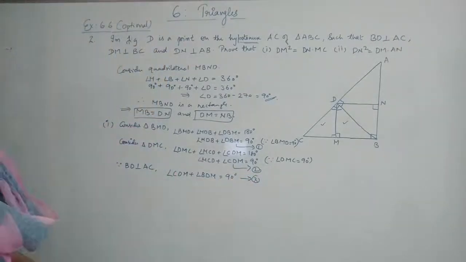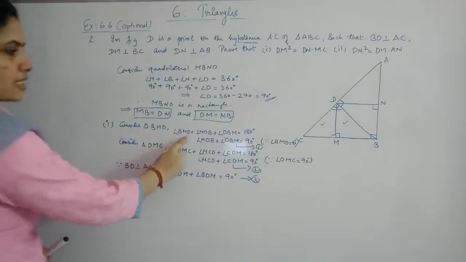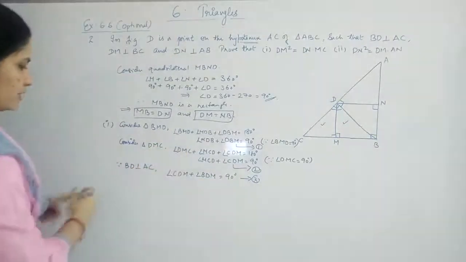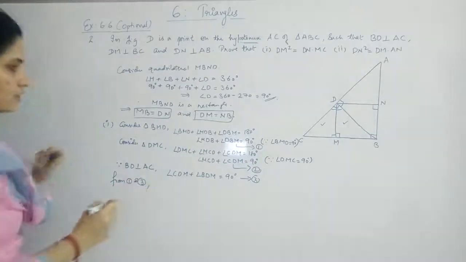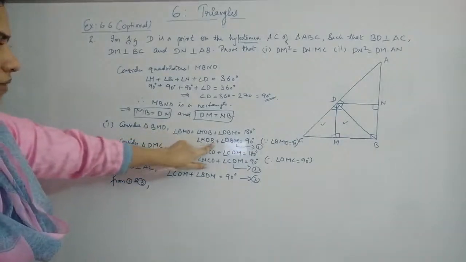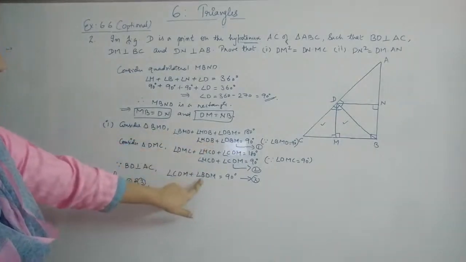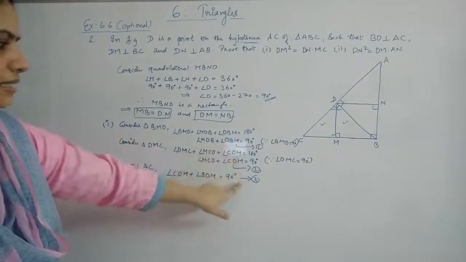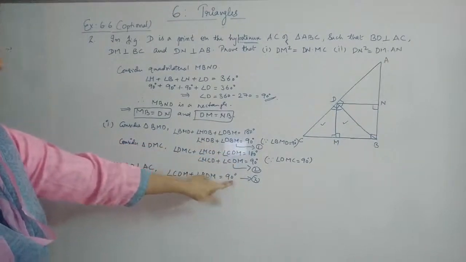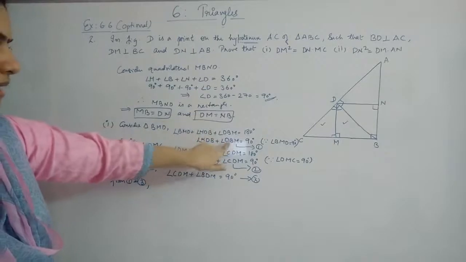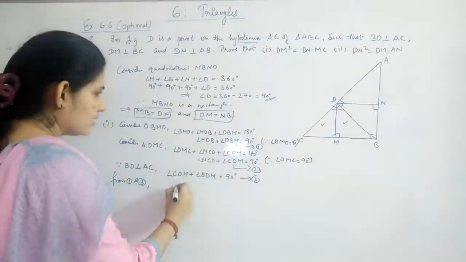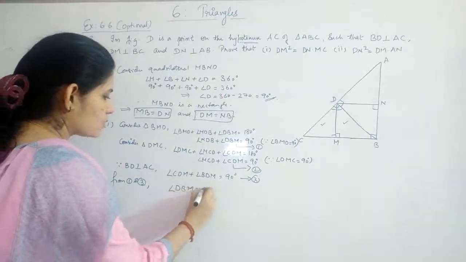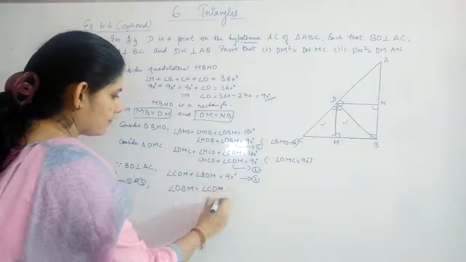Okay. So now we are just comparing first and third equation from 1 and 3. You just see here you have MDB, which is same as BDM, and here also BDM, and 90 on your right hand side for both the equations. So that we can say that angle DBM will be equal to angle CDM. Okay, angle DBM equal to angle CDM.